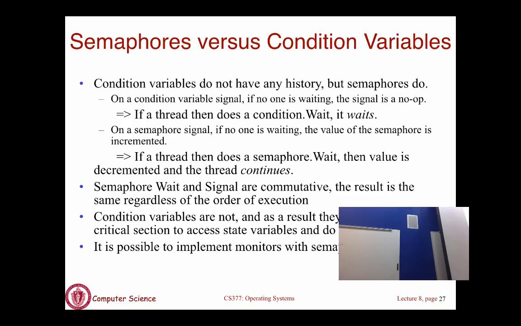Subsequently, another thread calls signal. That will increment the value again, it will go back to 0, and you will unblock. If you initialize the semaphore to 0, if the first thread calls wait, it will block. The second thread calls signal, and it will unblock it.